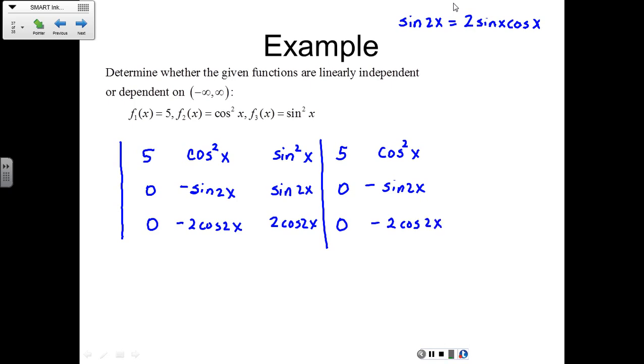Okay, diagonals. So that would give me negative 10 sine of 2x cosine 2x plus 0 plus 0. I like the 0 part.